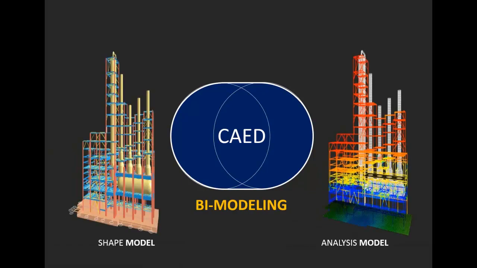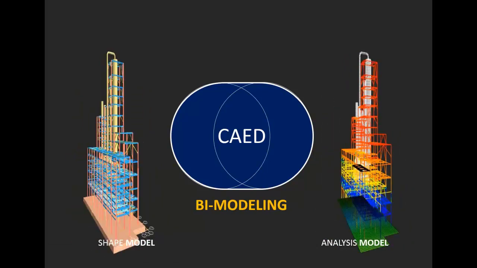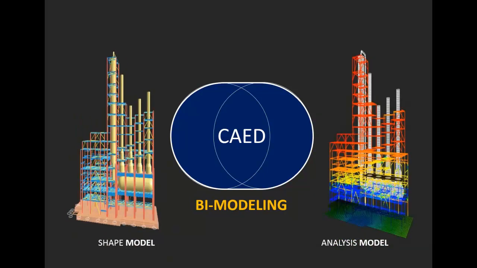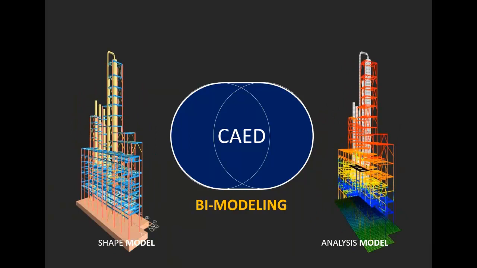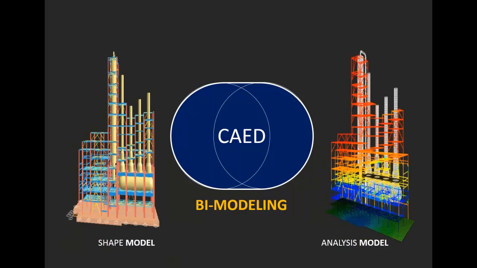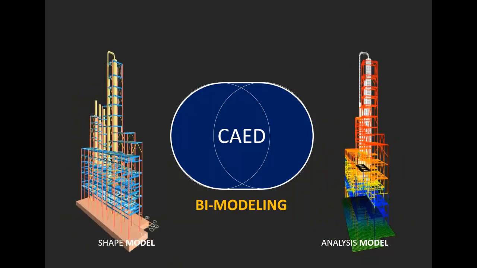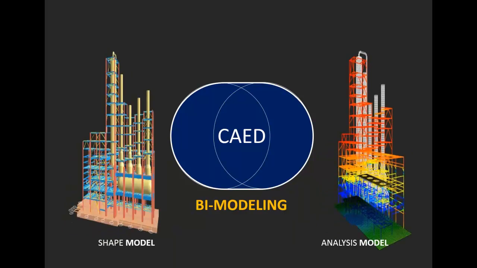You can have a shape model which can generate drawings and the analytical model in the same software solution. So as you can understand, you are absolutely free from meshing. You don't have to think about the difficult concepts of finite element, meshing or nodal connectivity, which are the concepts used in analytical models.